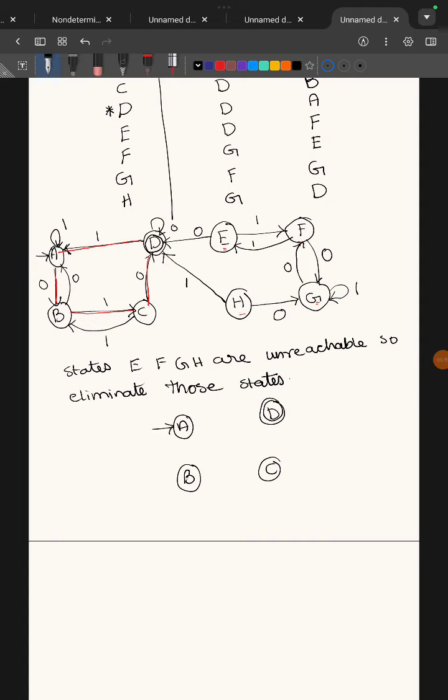This is my set of states after removing the unreachable states.